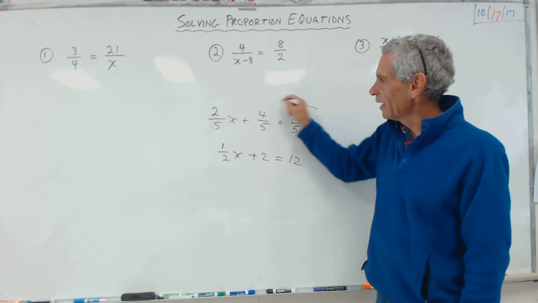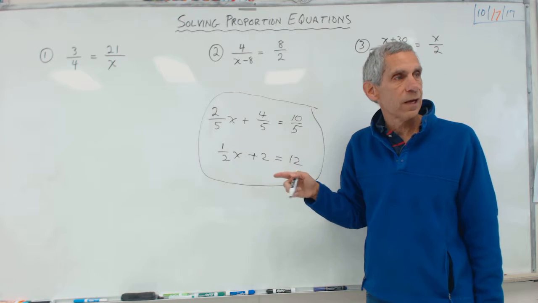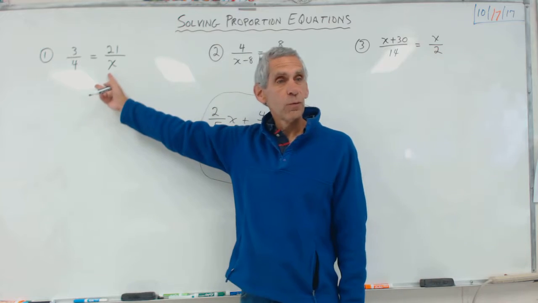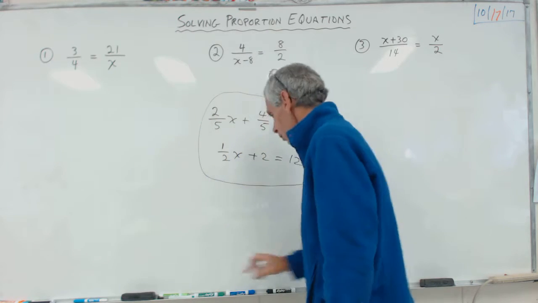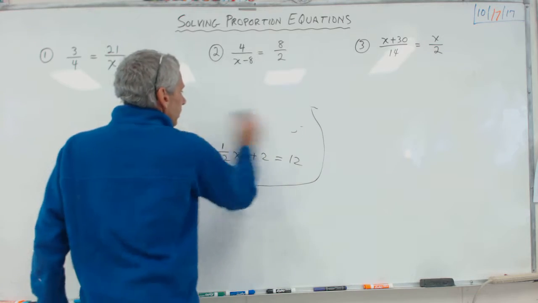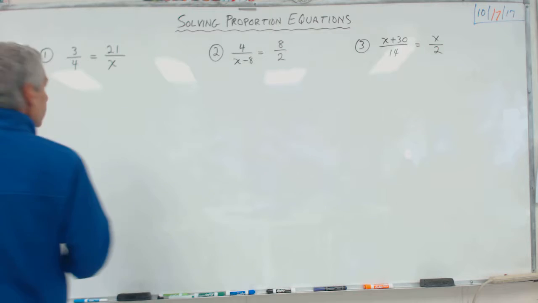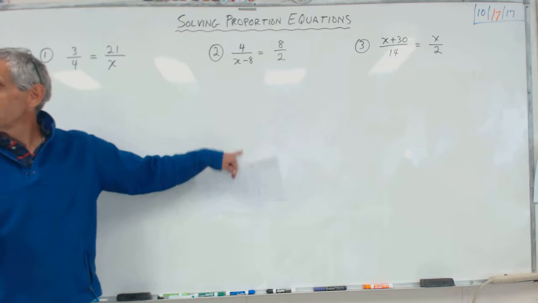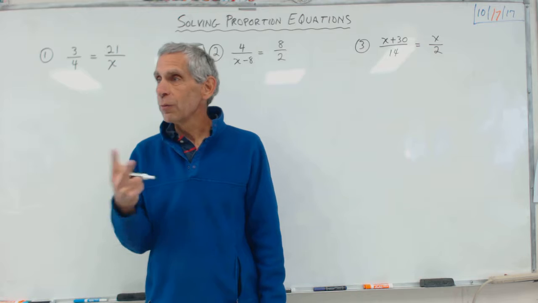These are things that I've taught in the past in how to solve. You multiply everything by the denominator. But when they're proportions, you cross multiply. They're really easy to do. If they have 3 terms, they're not proportions.